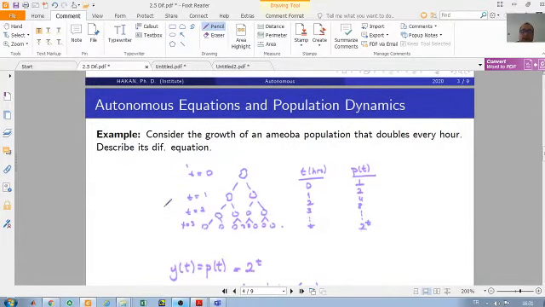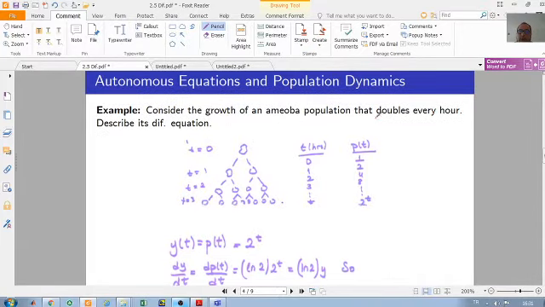For example, consider the growth of an amoeba population that doubles every hour. Let's describe its differential equation. At the beginning we have one amoeba. After 1 hour, according to the given information, the number of amoeba will be 2.